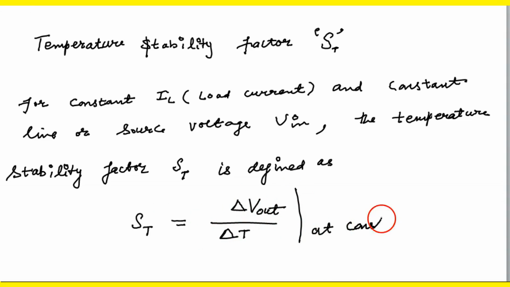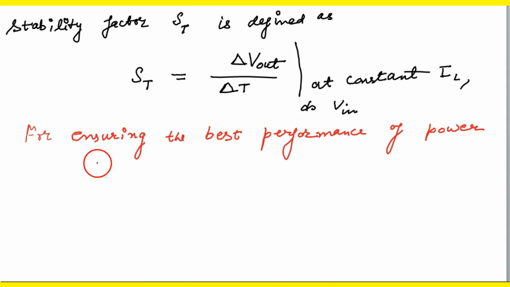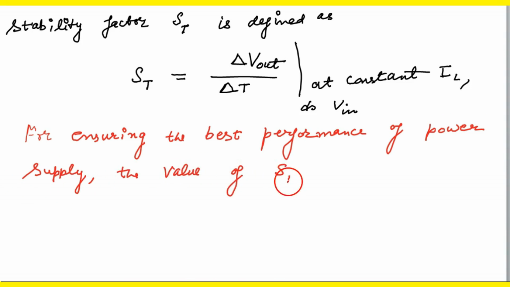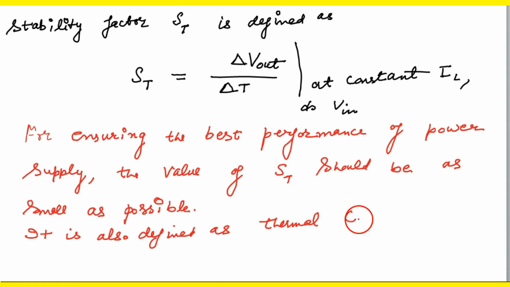In the numerator is the change in the output voltage per unit change in temperature, delta V out over delta T. If the temperature changes by delta T, we have to measure the change in output voltage, and then divide the change in output voltage by the change in temperature. ST should be as small as possible for better performance.